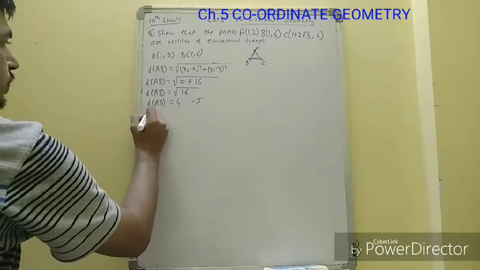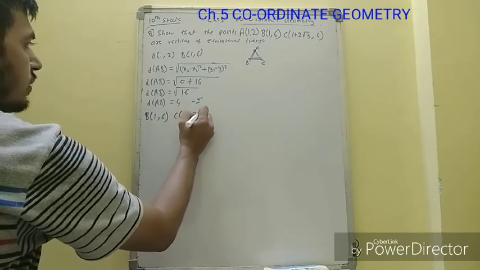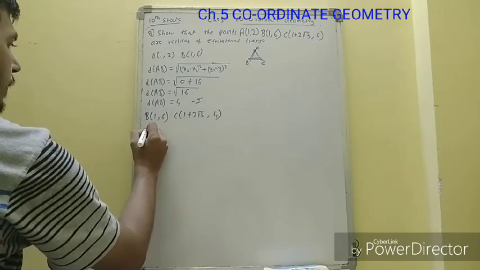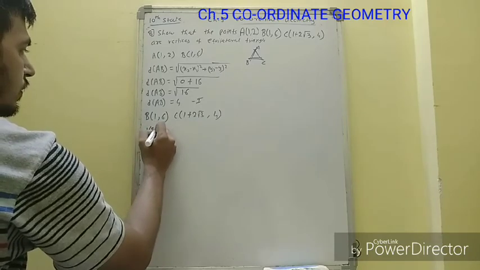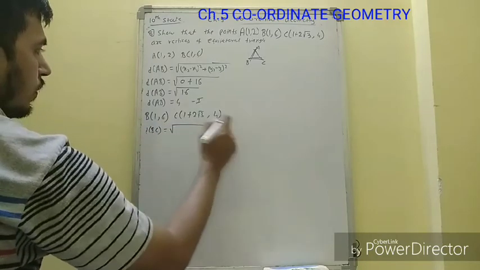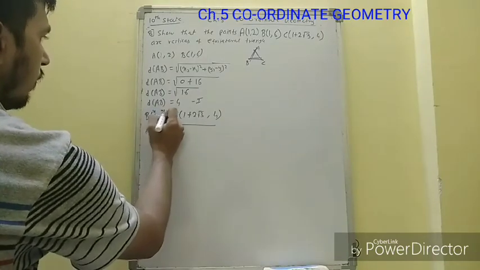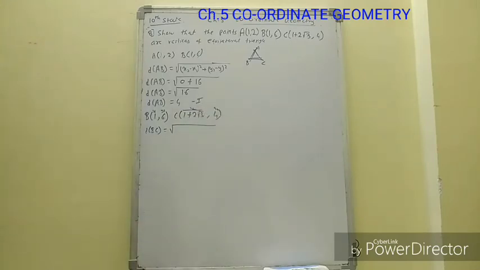Okay. So what is B? 1 comma 6, and what is C? 1 plus 2 root 3 comma 4. So for distance BC, okay, what is x1, y1, this whole part is x2 and y2. Okay, please try to understand.